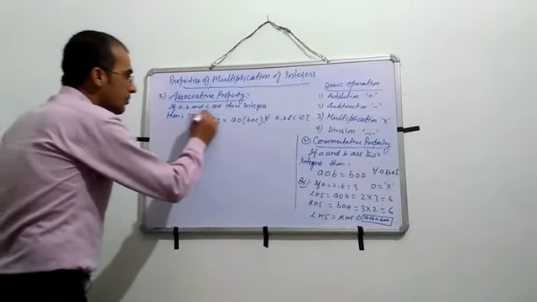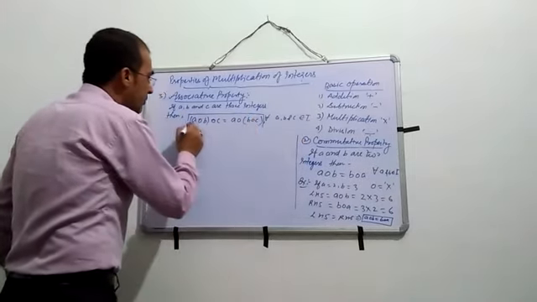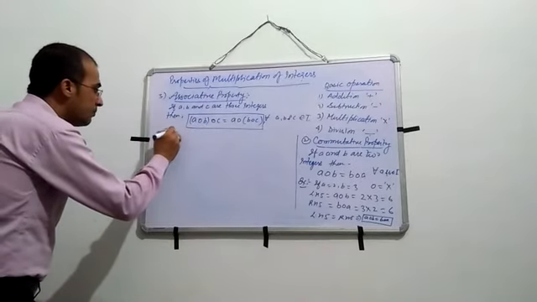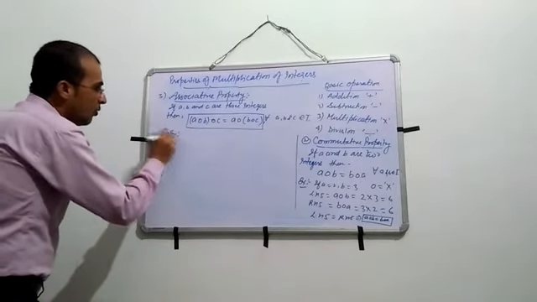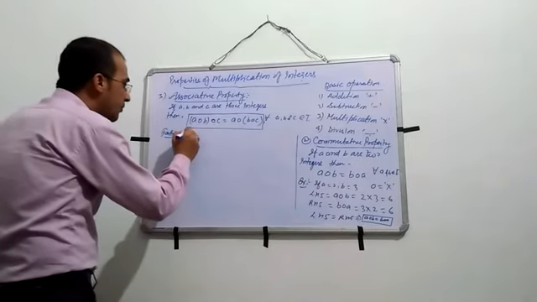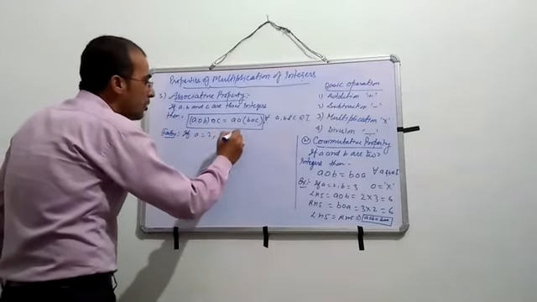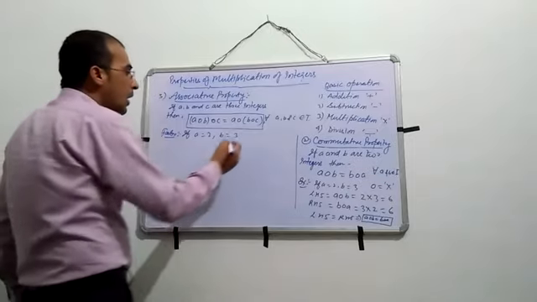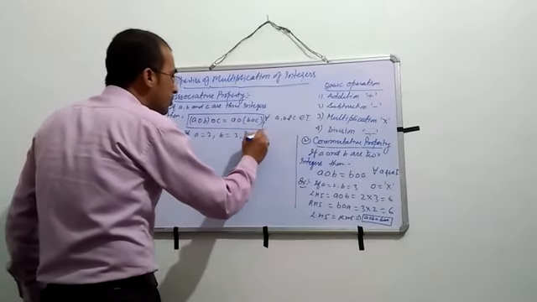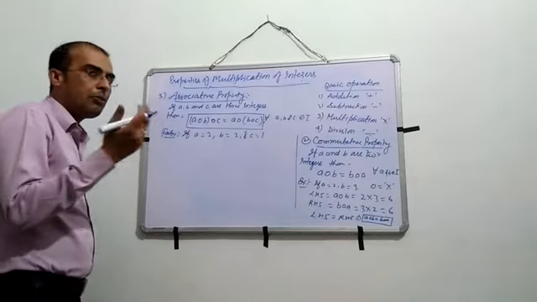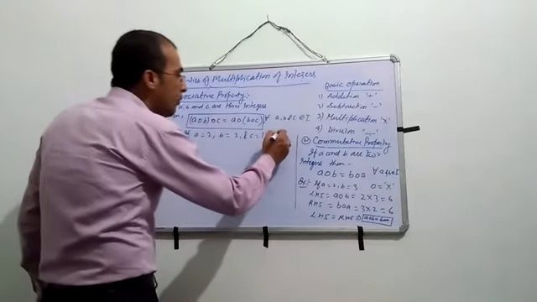So we can see, for example, if a equal to 2, b equal to 3 and c equal to 1. You can take negative also, the result will be the same. And what is your operation?